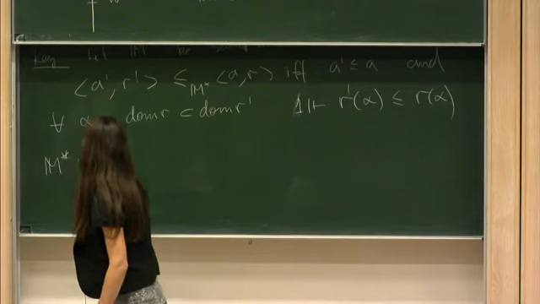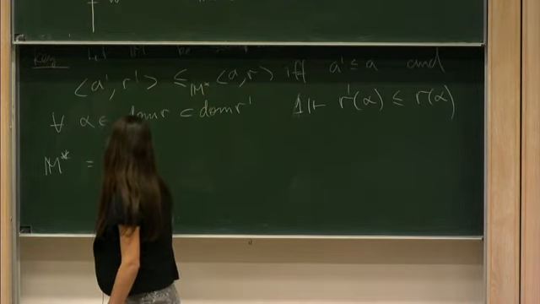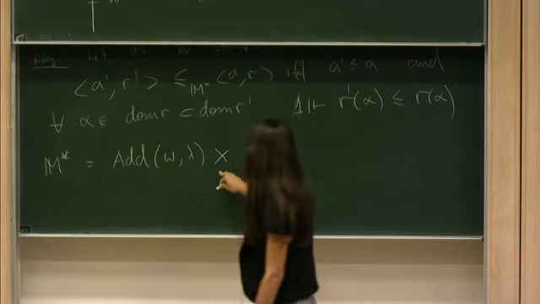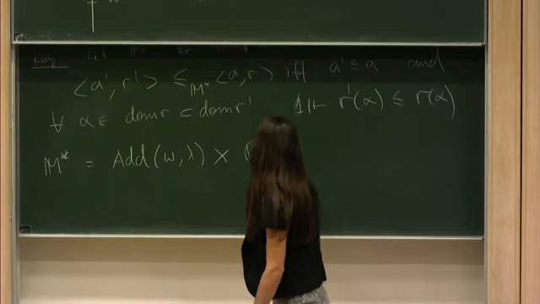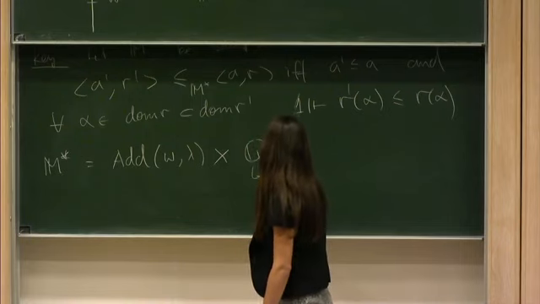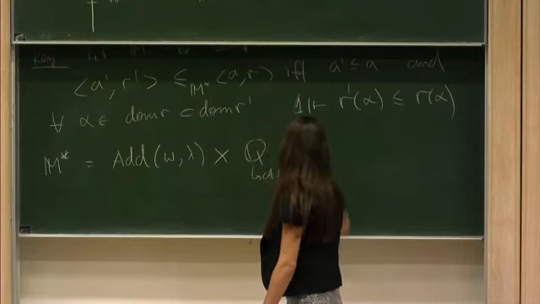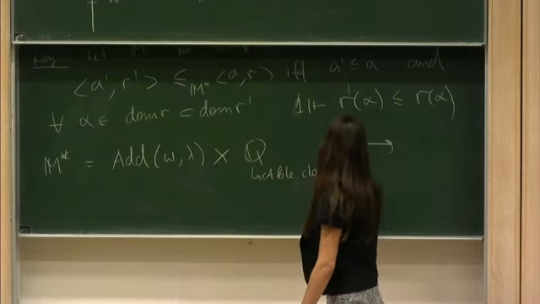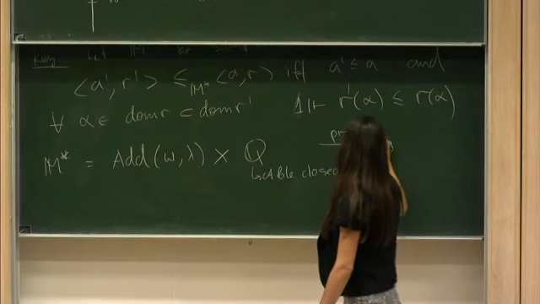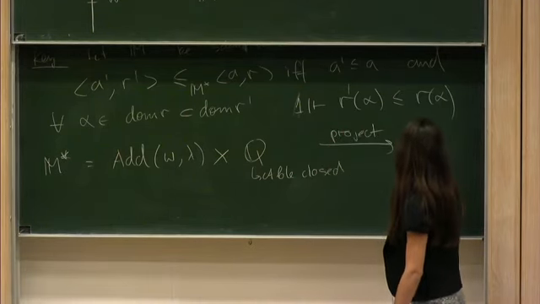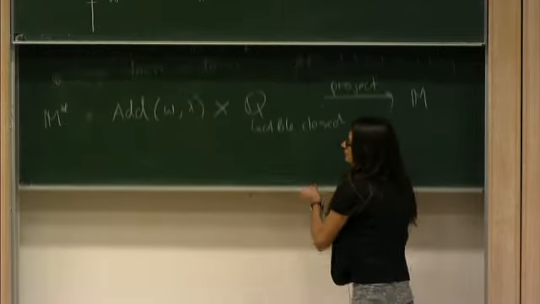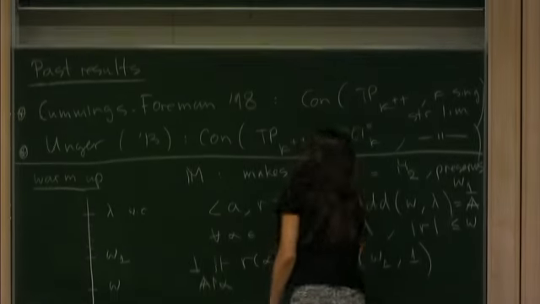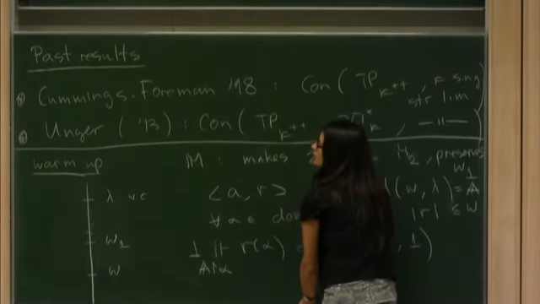M star is just add(omega, lambda) times, a product, something I'll call Q, which is now countably closed. And moreover, it turns out that M star projects to M. So this is a key point in Mitchell's construction which makes everything work.